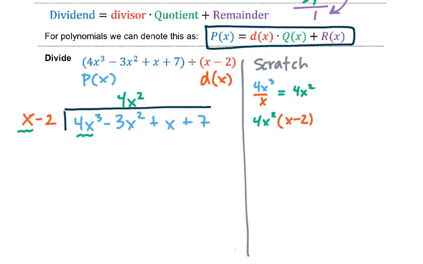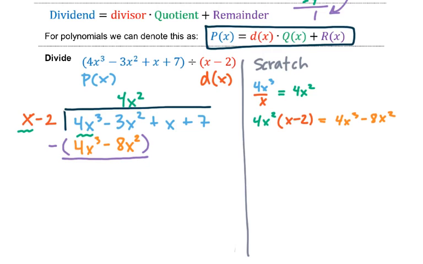And what that gives me is what I'm going to write underneath to subtract. I get 4x cubed minus 8x squared. So that 4x cubed minus 8x squared goes underneath. And then my last step in this process is to subtract all of that.